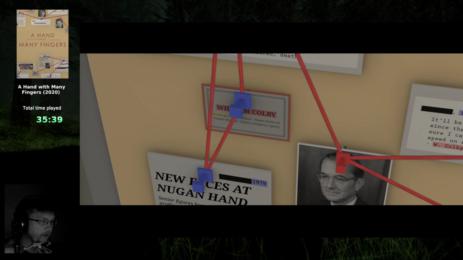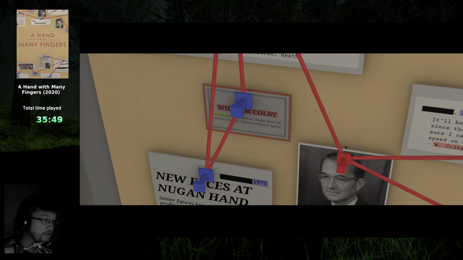Oh, Colby was former director of CIA. That intelligence spelled wrong. Oh no, that's embarrassing. Either for the game or for me, if I'm wrong about that.